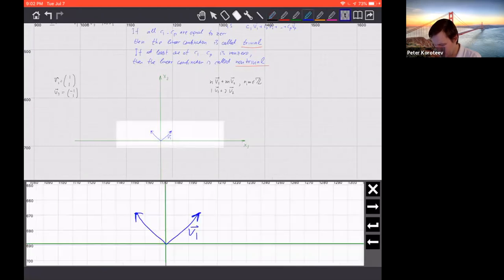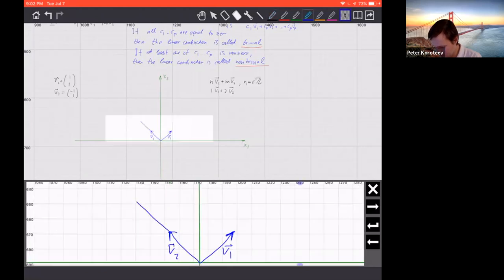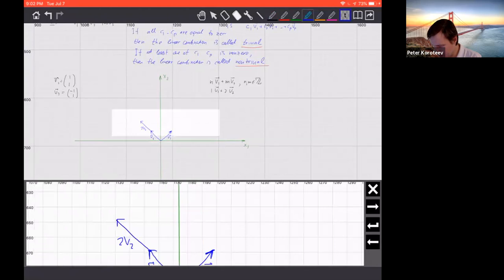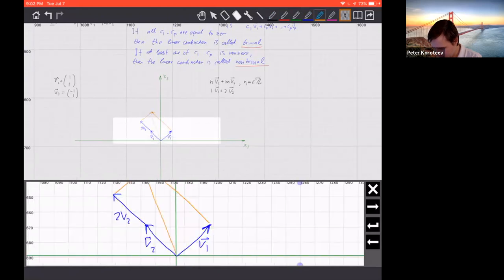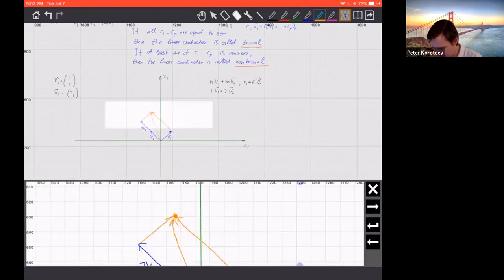If v2 is here, we take v2 twice in this direction, so that's 2 v2. And we need to use the parallelogram rule to find the sum. So it will be this point, and then the vector will be like this. So this vector is v1 plus 2 v2.